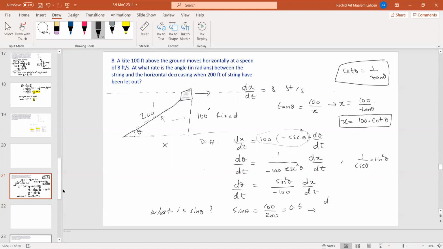And let's replace it. 0.5 squared divided by negative 100. Dx dt is given already, that's the 8, times the 8.